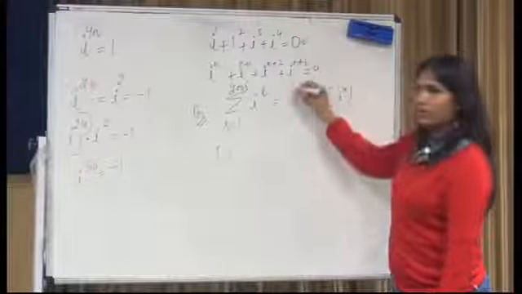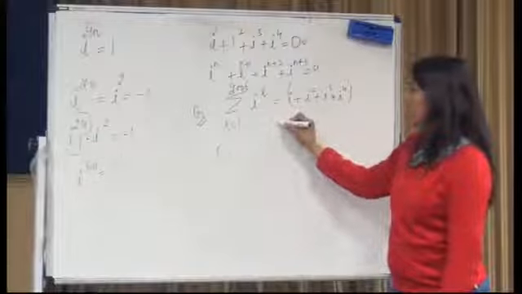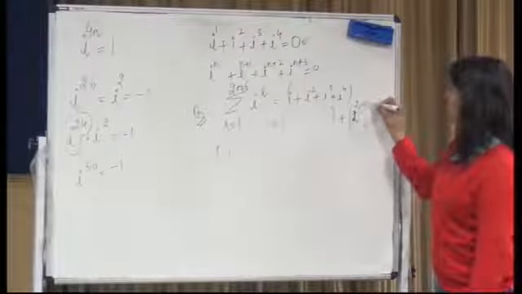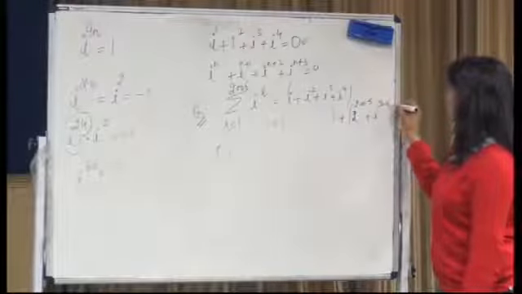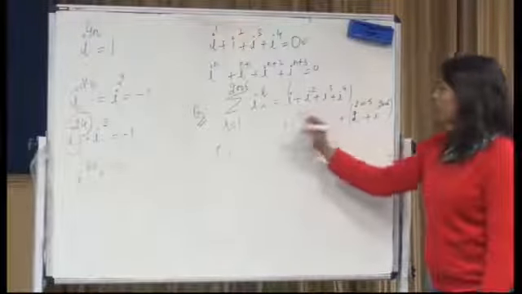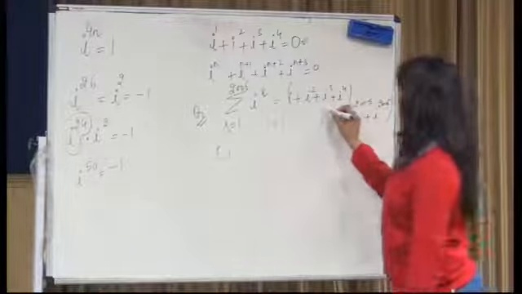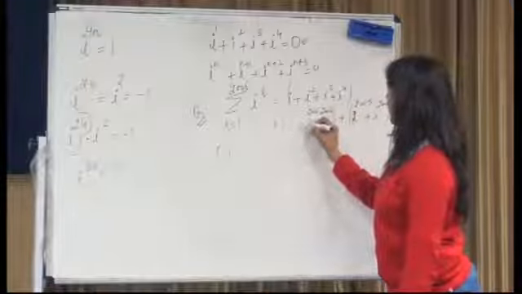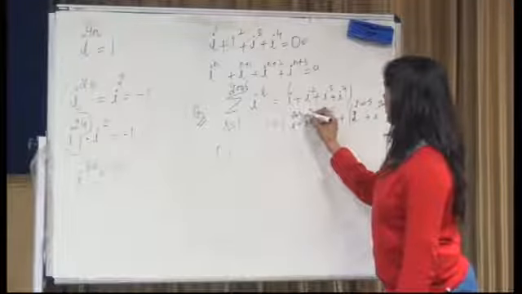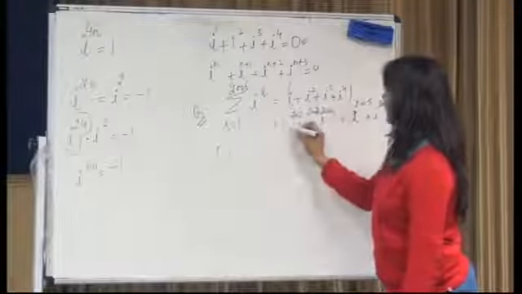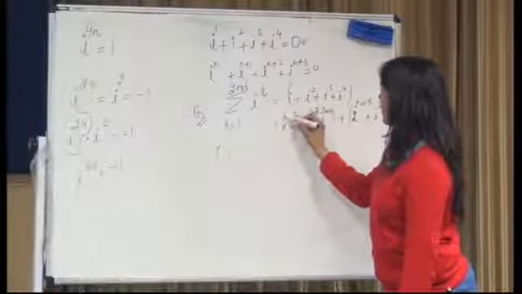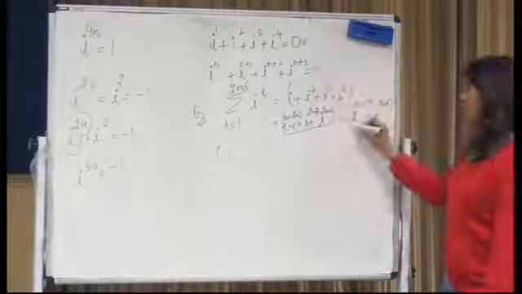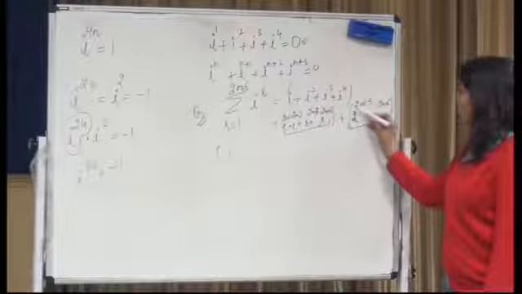The last group will be 2003, 2004, 2005... the last group before the leftover terms sums to 0. You will be left with only 2 terms: iota to the power 2005 and iota to the power 2006.